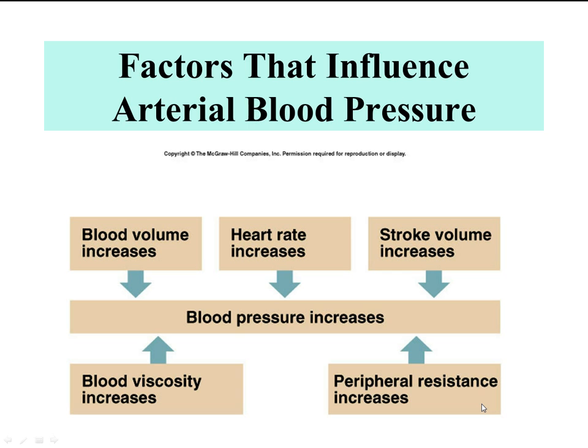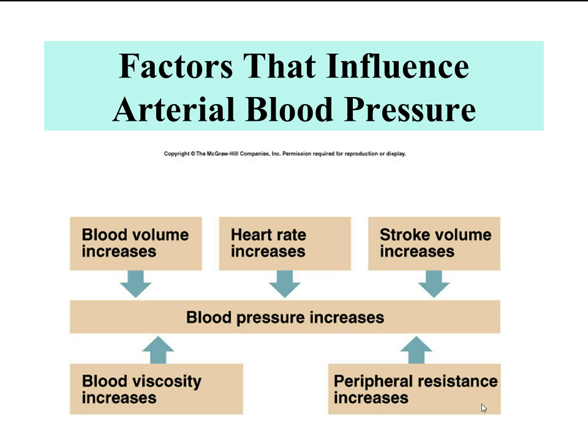Factors that influence arterial blood pressure. As blood volume increases, blood pressure increases. As heart rate increases, that ventricular contraction, if you're having more of them, it makes sense that the blood pressure is going to rise.